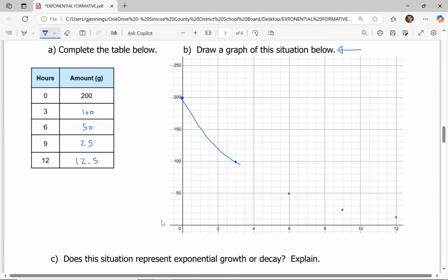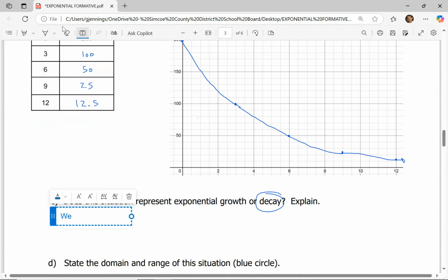Right, there we go. Does this situation represent exponential growth or decay? It represents exponential decay. Explain. Don't mind if I do.